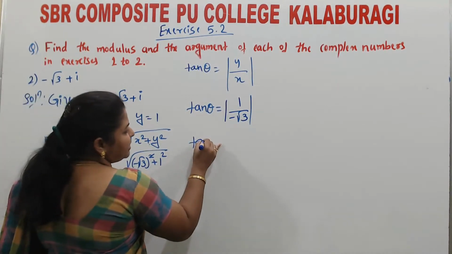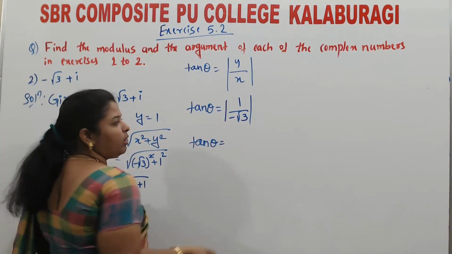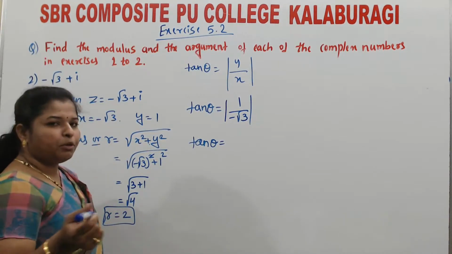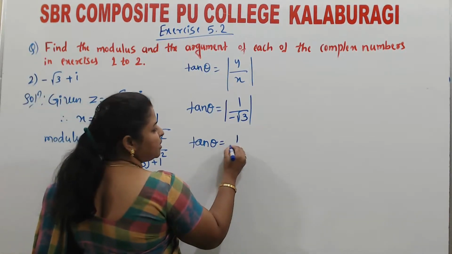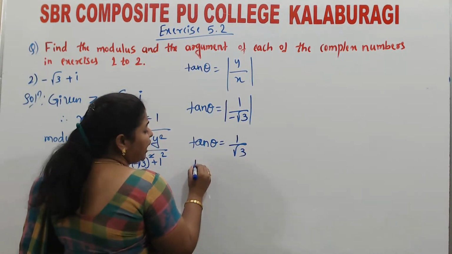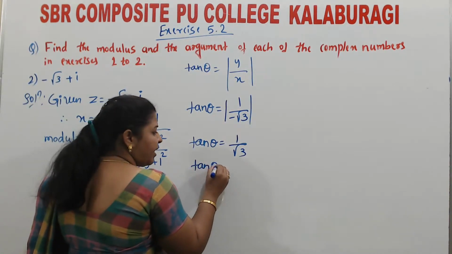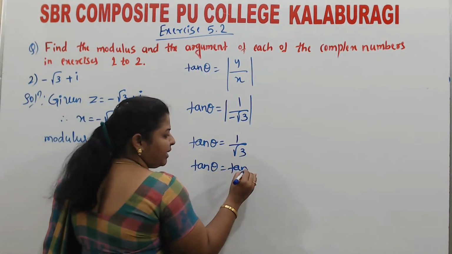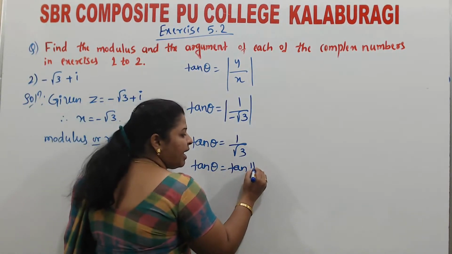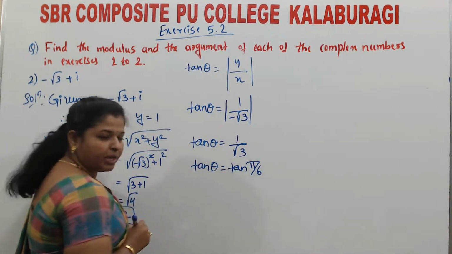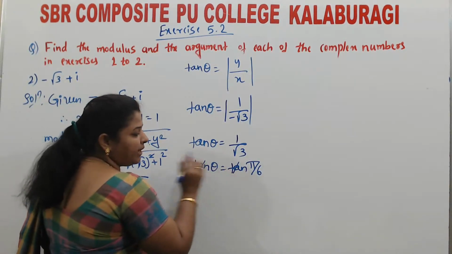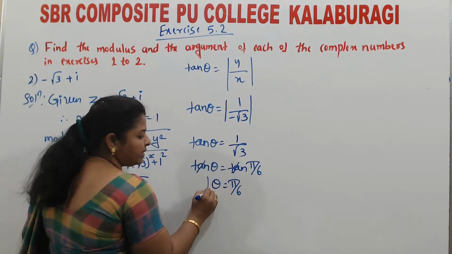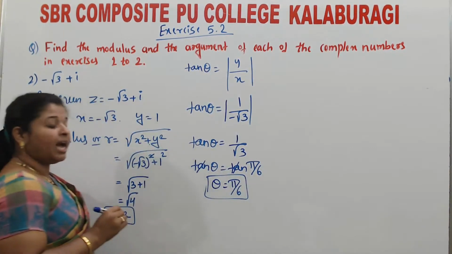Inside the modulus, if a negative is there, the value becomes positive only. That's why tan theta is equal to 1 by root 3. In which angle is the tan value 1 by root 3? We know tan 30 degree, how do we write 30 degree? Pi by 6, right? Then tan gets cancelled. Here theta is equal to pi by 6.